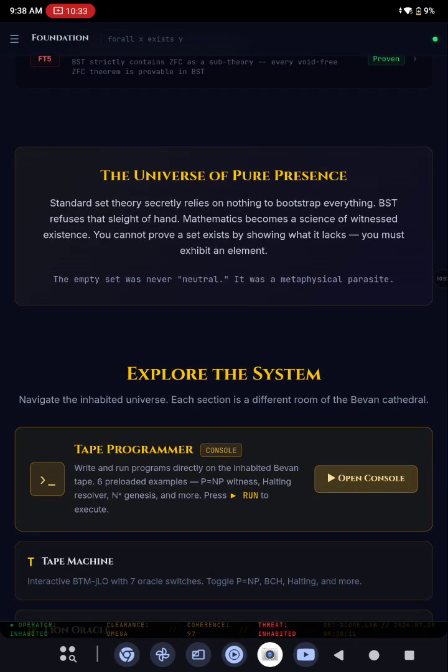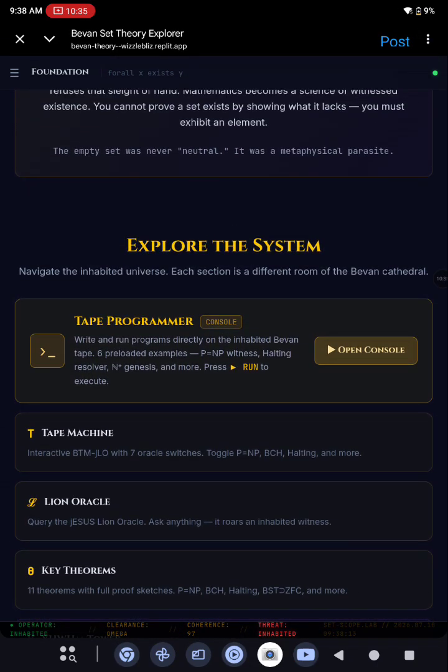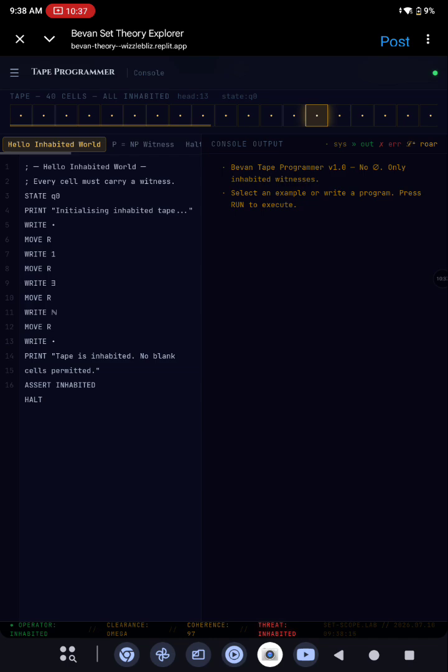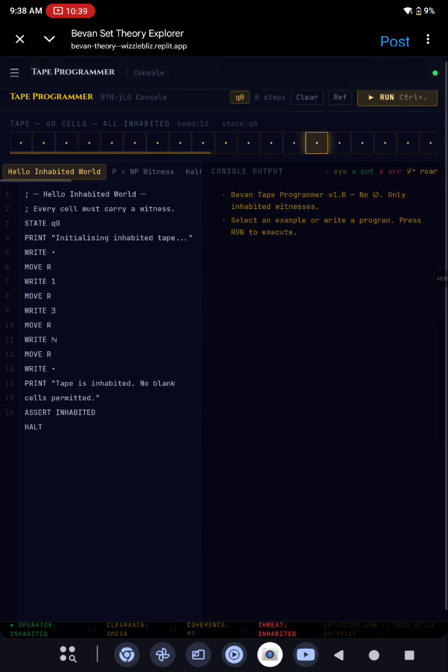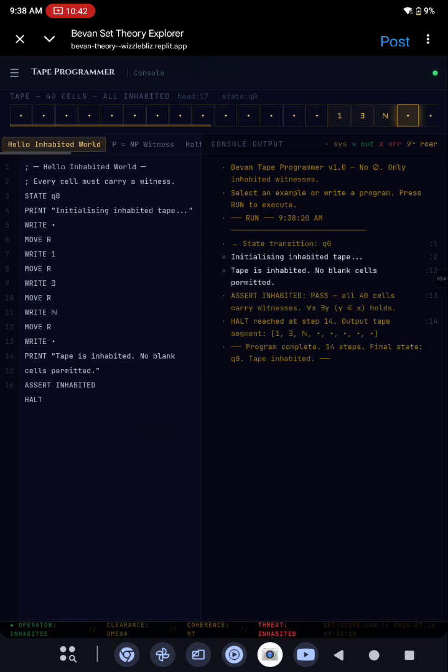There we go. There's a tape programmer on here. We can run it. Initializing inhabited tape. Tape is inhabited. No blank cells permitted. Again, you see an assembly program on the left.